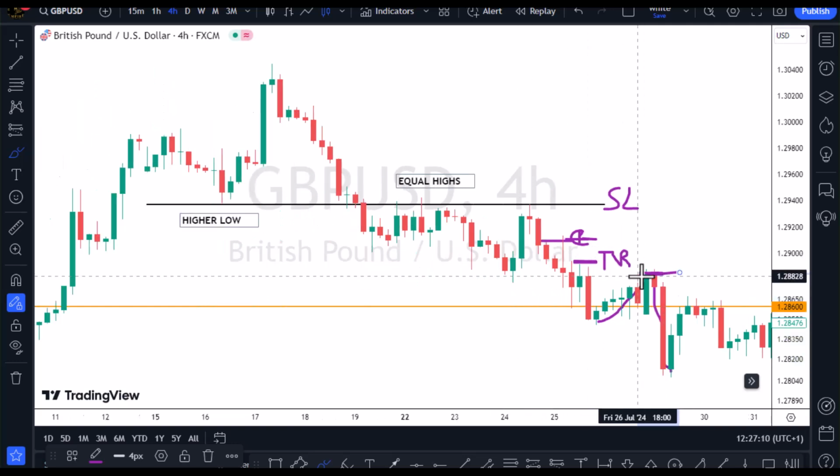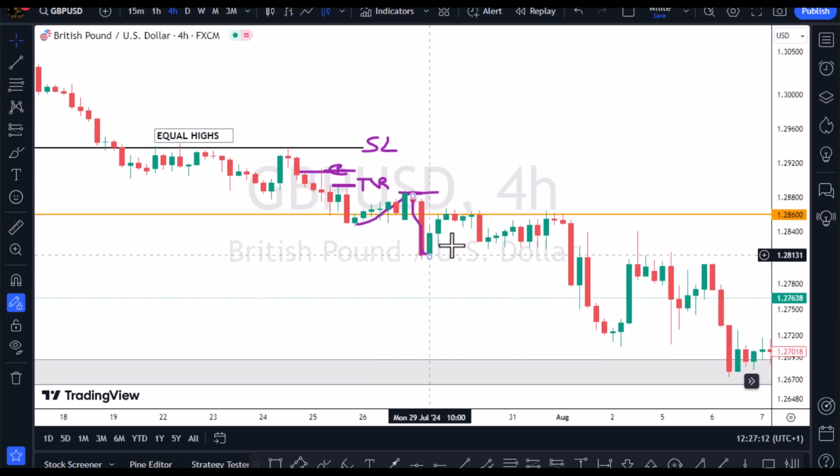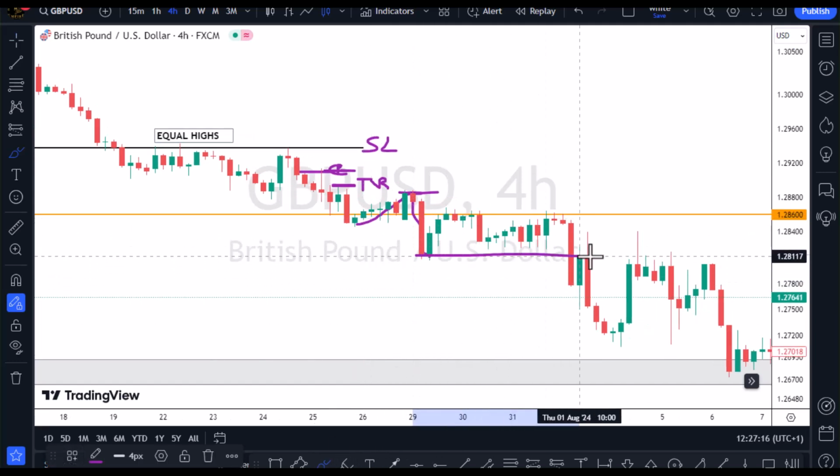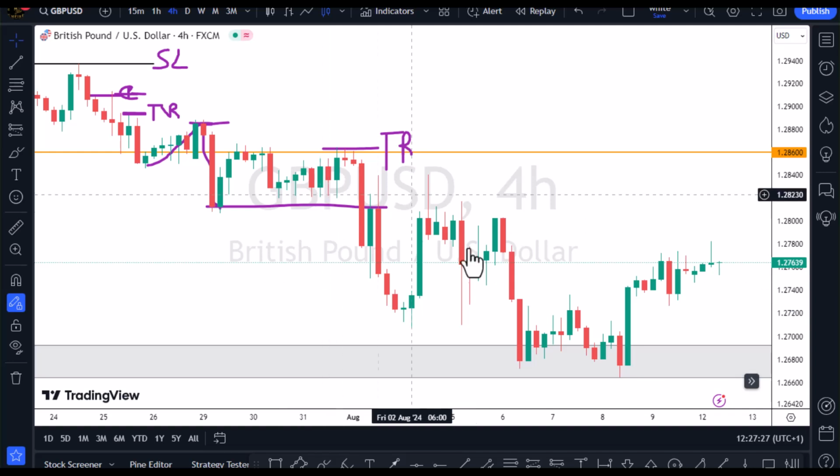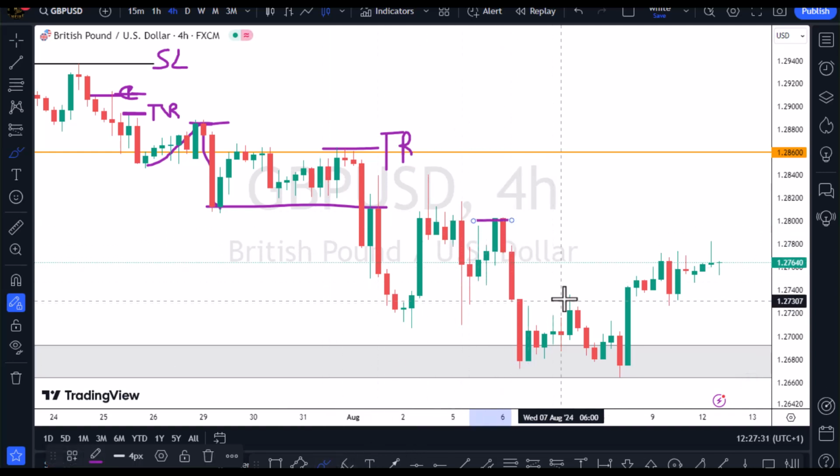As the market keeps moving downward and each level keeps being broken, you keep moving your trailing stop at each successful swing in the downtrend, and last you move it right there.